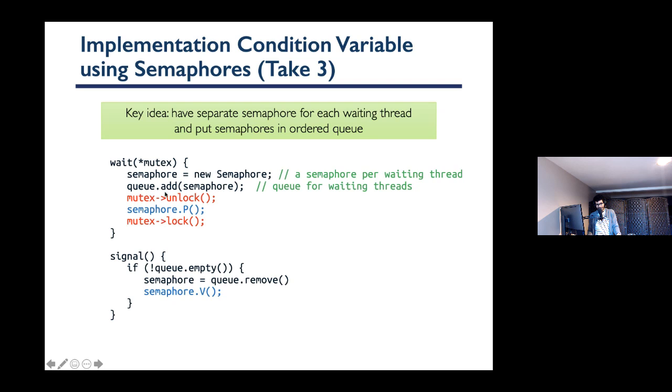Now, this is safe because even if, after you unlock, somebody calls signal, you've already created your semaphore and added it to this queue, so this signal won't be lost. It will figure out that you're actually waiting. Either you have already called P, or you're going to call P eventually. So this V will be memorized, but rightly so.